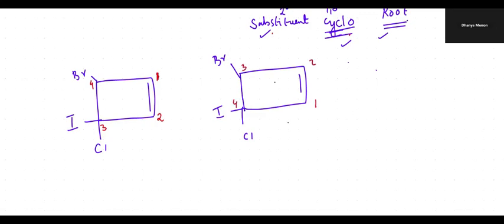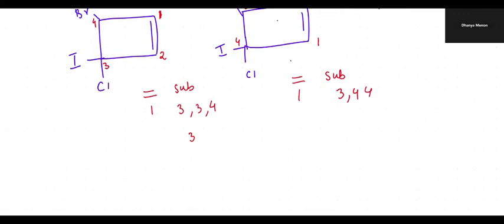So here the double bond is in the first position, and the substituents are at the third and fourth positions. At the third position there are 2 substituents: 3, 3, 4. In the other numbering the substituents are at 3, 4, 4. So here 3, 3, 4 and over here 3, 4, 4.